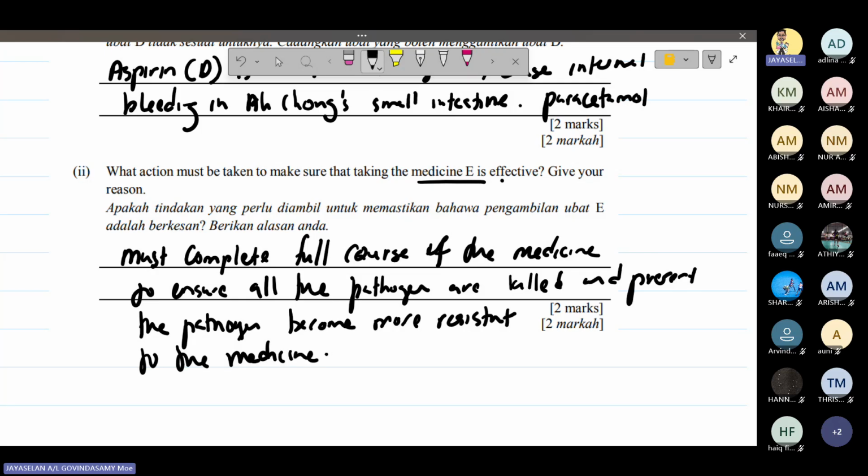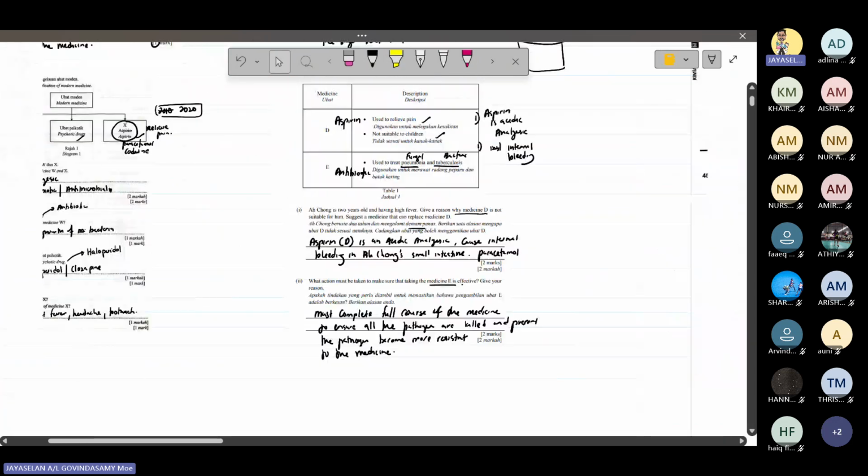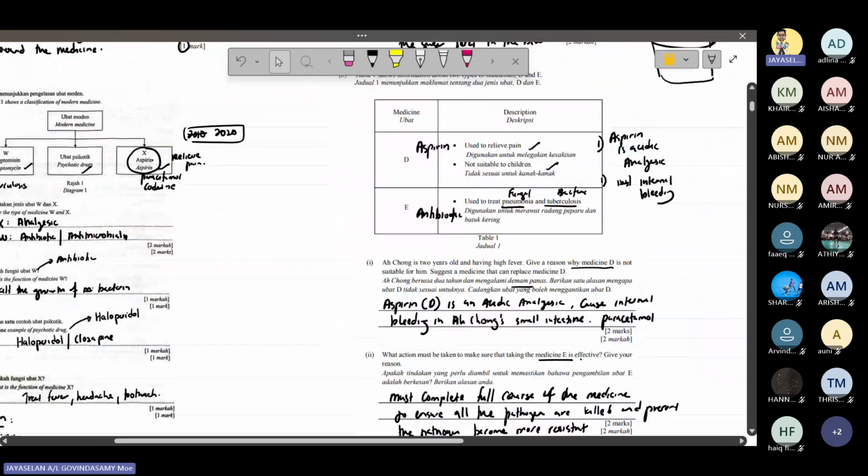So you already scored 2 marks. Any question? This type of question came out on Wednesday in the exam, so make sure you try to get full marks and try to do more questions.